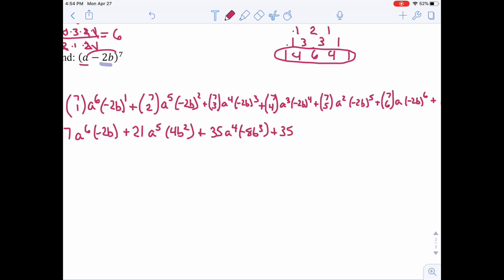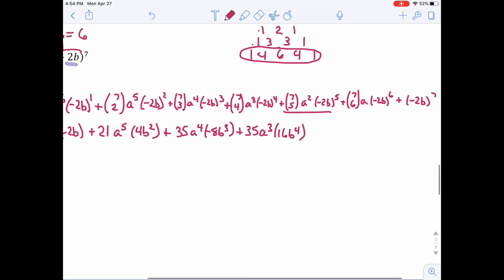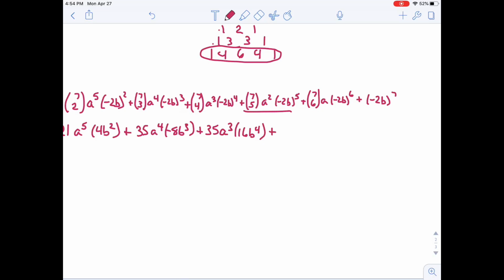And then we have another 35, and that's a to the third and 16b to the fourth. Go to our next term.